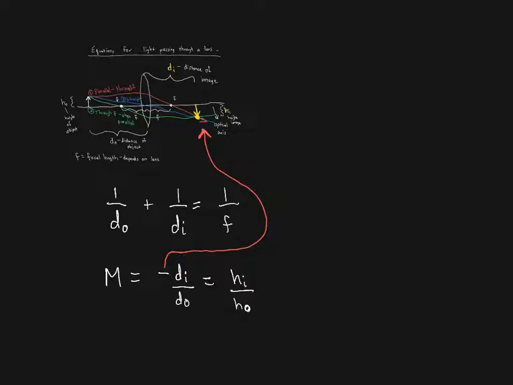There's some other sign conventions that we use. If the image is on the opposite side of your lens, then we call it a real image.